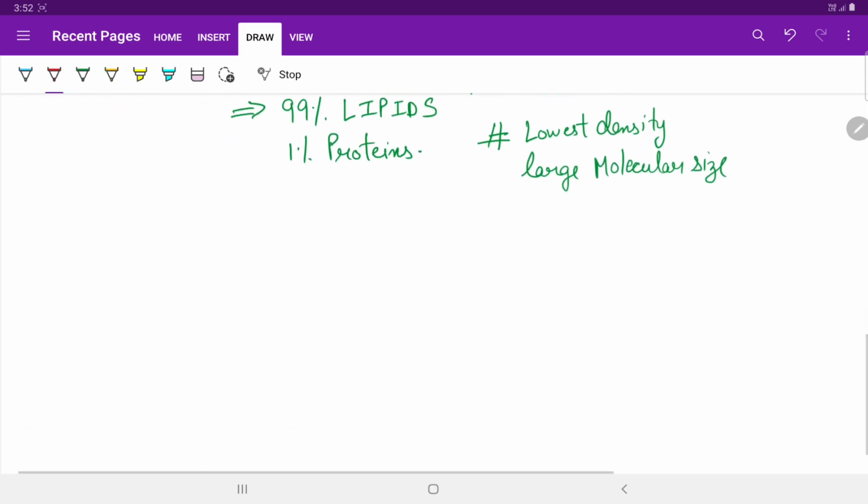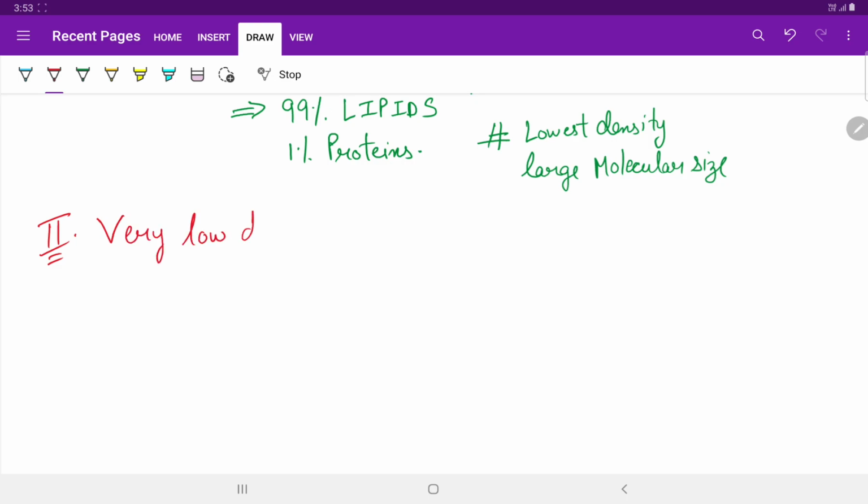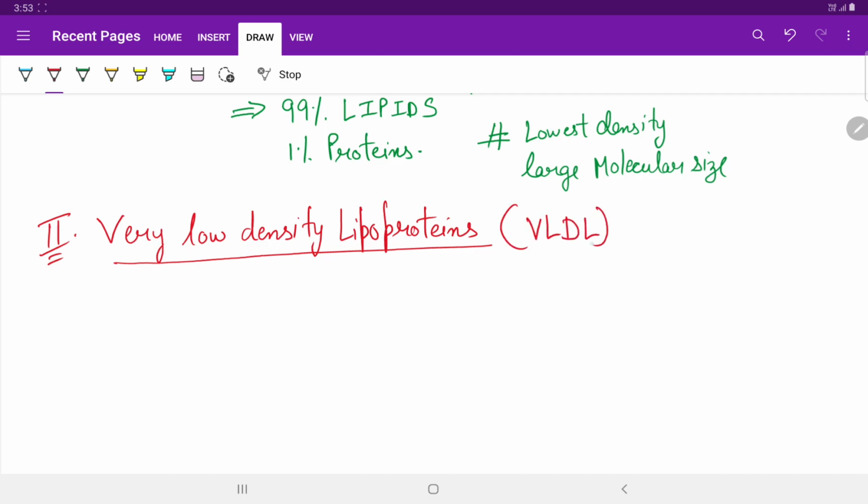Now, the next category is very low density lipoproteins. The second one, these are very low density lipoproteins, also commonly known as VLDL. Many of you must be familiar with this term. So, what are these very low density lipoproteins?